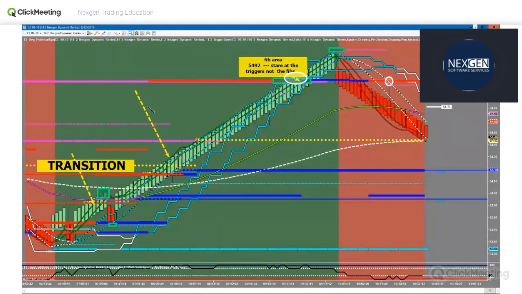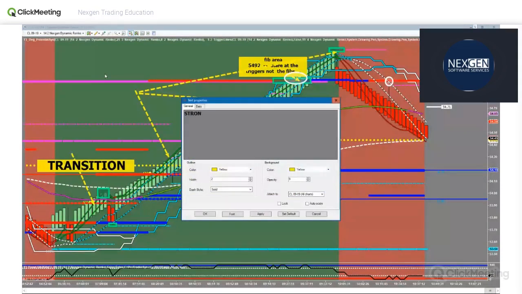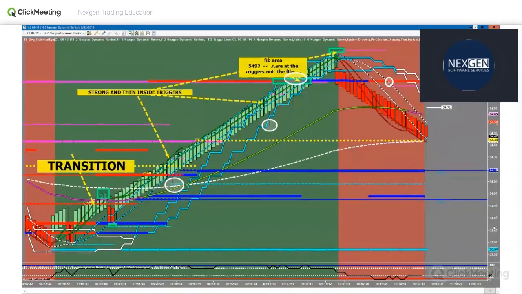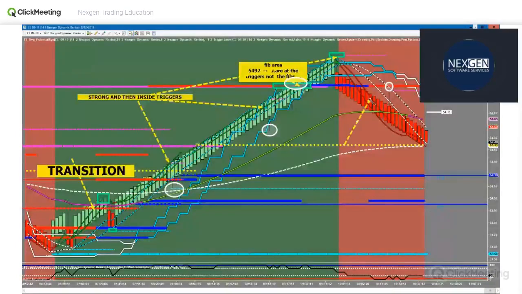And then we have weak triggers, small triggers, strong and weak combination, but ultimately stronger and inside, strong and then inside triggers, right? So we have a good trigger line configuration for long trades, and then ultimately we have, I'll just cheat, copy paste, transition triggers to the downside.